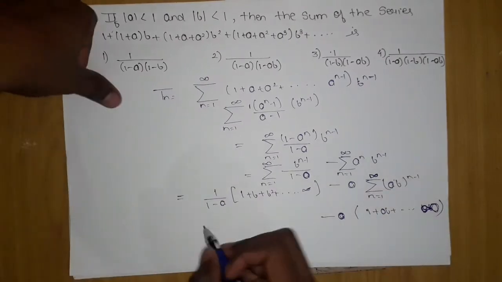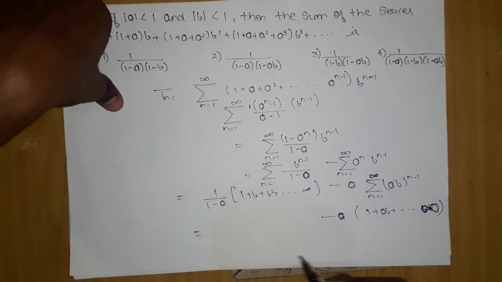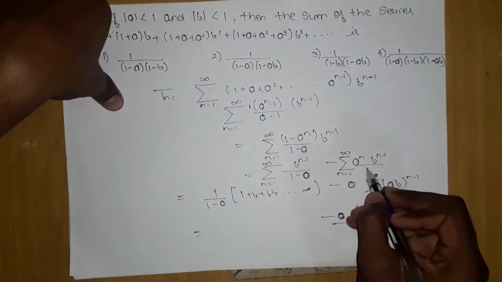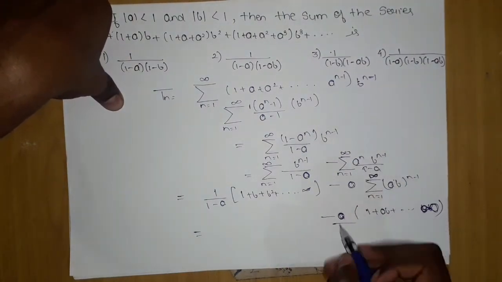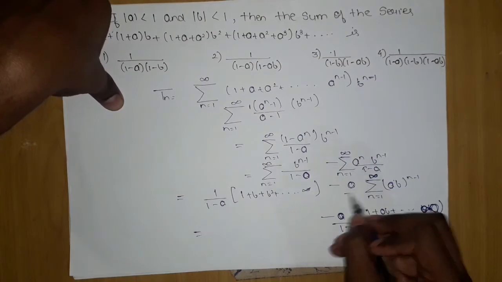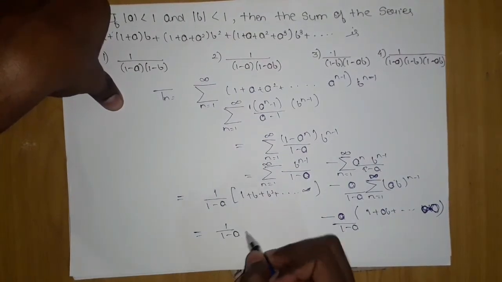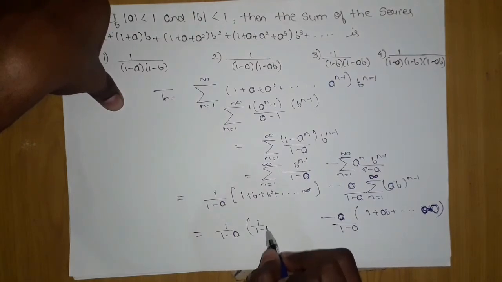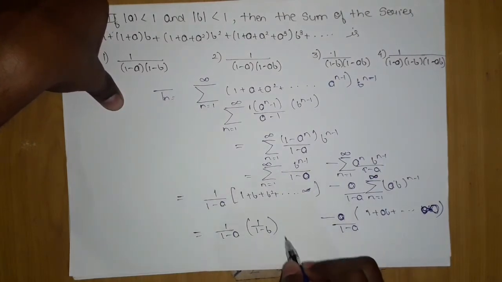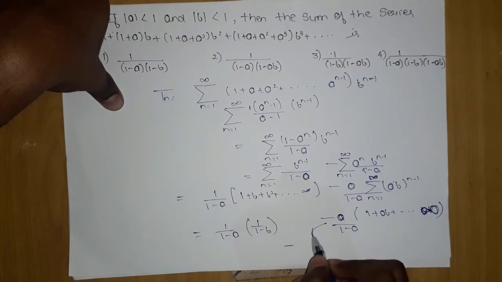And after this we will do what? Here also 1 minus a will be there, and we will take 1 minus a common. I think we have forgotten. Now we will take the sum, 1 upon 1 minus b, and here when we take the sum, consider this thing I am writing here.